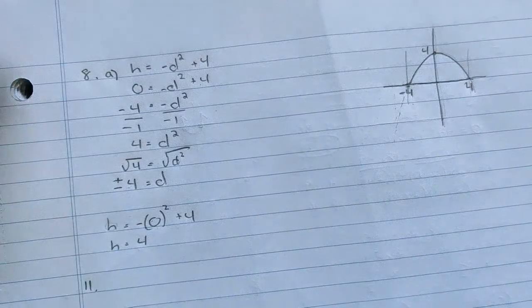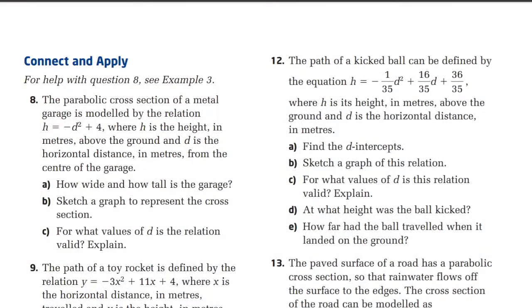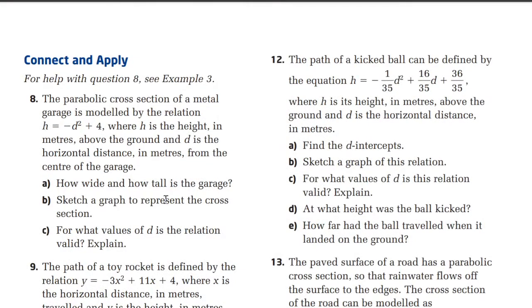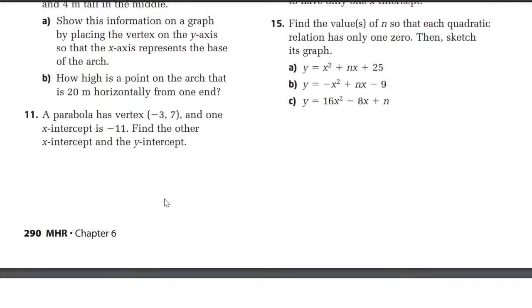So if we take a look at question number 11 here, we have a parabola with a vertex of (-3, 7), and one x-intercept is -11, and we don't know the other x-intercept.